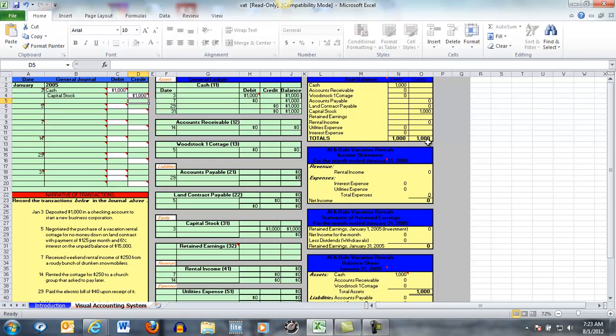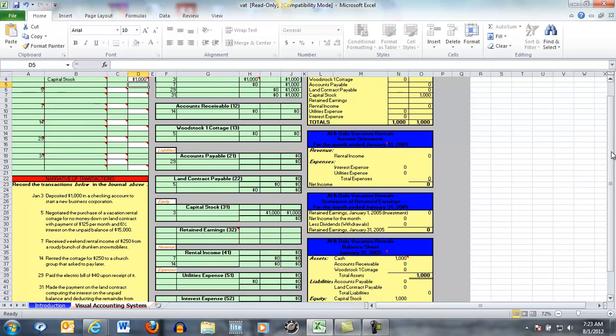Then we may have to make some adjustments, and we'll discuss adjustments later. Due to the passage of time, some account balances will change, and then once we've made our adjustments to the trial balance, we will produce the financial statements.